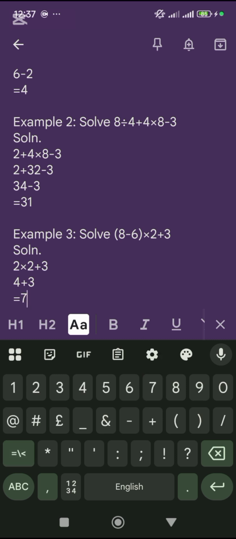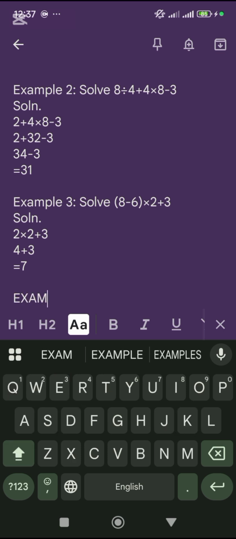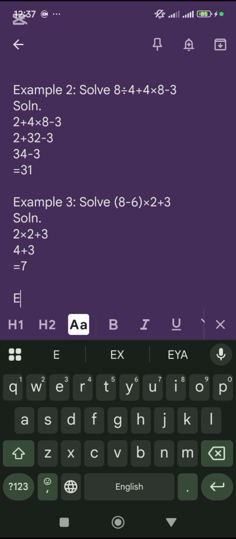Now if you look at the flow of this, you see that these questions we have solved are very easy. But now in example 4, we want to look at something a little bit challenging, not complex. Let's call it challenging.